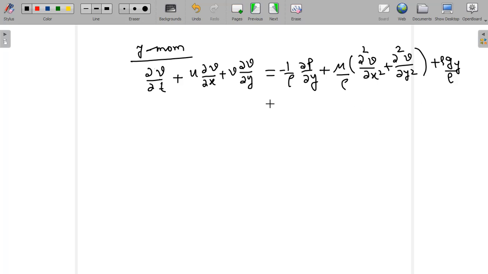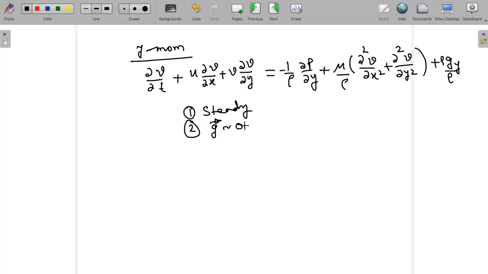Now we are assuming further that the flow is steady. This is one more assumption than the assumptions we have already taken for writing this equation. So we are considering that the flow is steady and gravity is negligible within the boundary layer. Gravity being negligible means that with respect to the pressure and the inertia, the gravity effect is negligible.